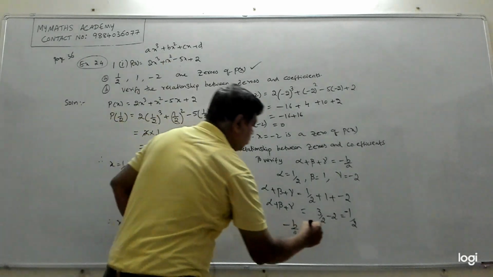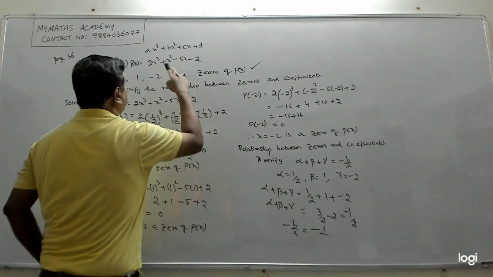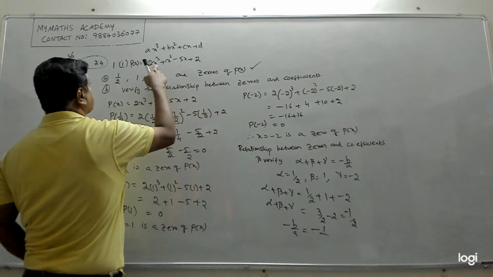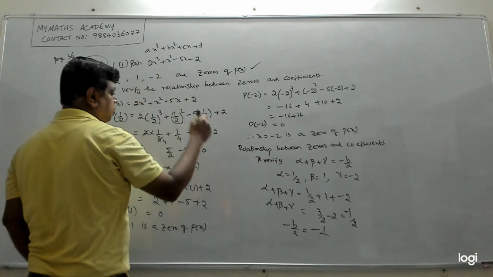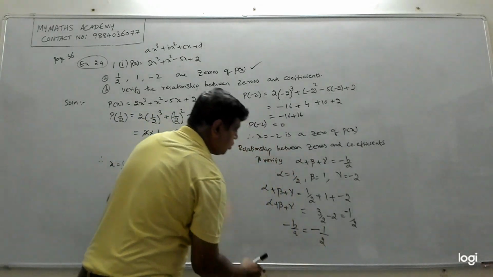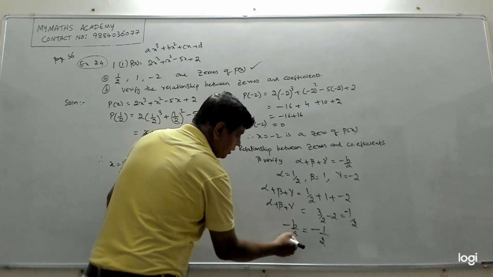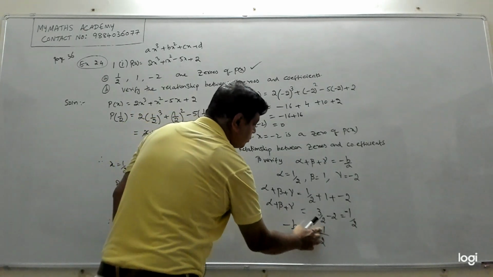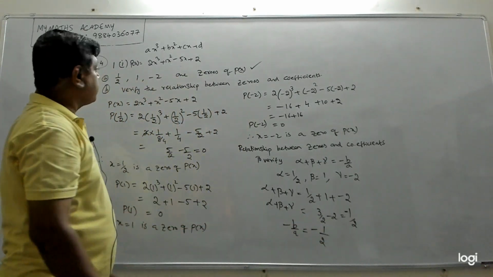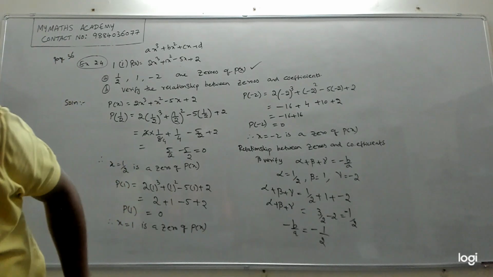And a is the coefficient of x cube, which is 2. So alpha plus beta plus gamma is minus 1 by 2, and minus b by a is also minus 1 by 2. So both are matching.